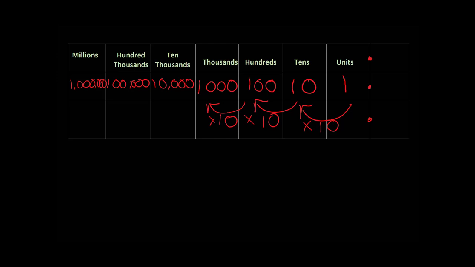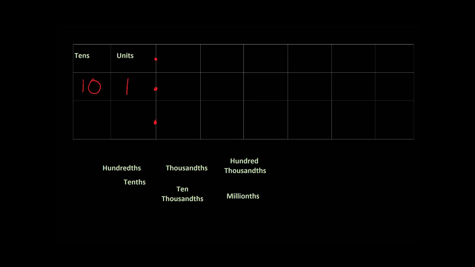So you need to be familiar with all of these labels, and you need to be able to work it out starting from the decimal point. Now we're going to look at the other side, the decimal place values. We've got the decimal point set up already, and just to help link to the previous page, I put in the tens and the units over there so that you can see where we're at.